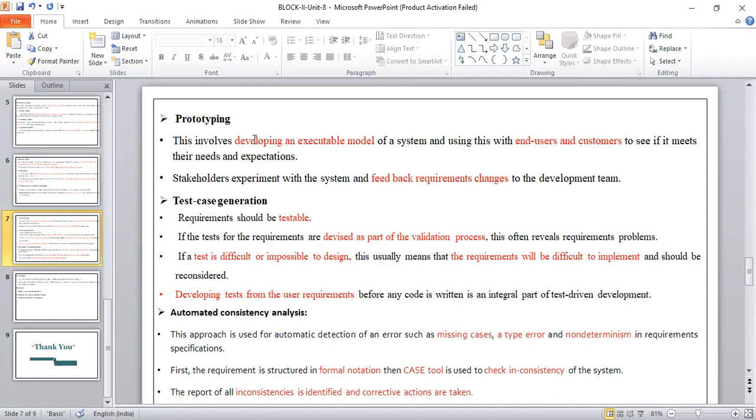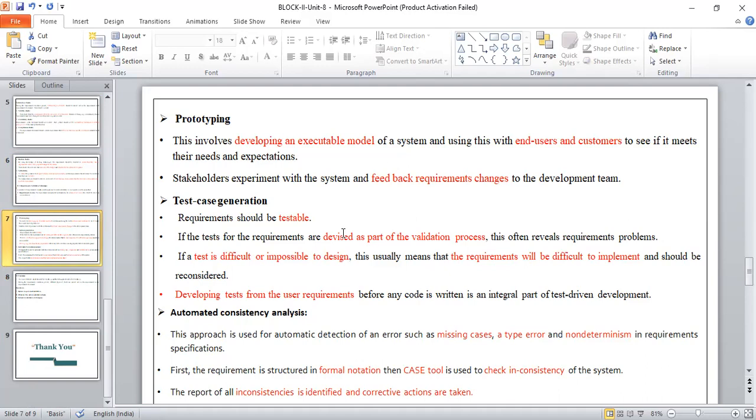This involves developing an executable model of a system, and with this, the end users and the customer can give feedback so that we can check whether the model meets their needs and expectations.